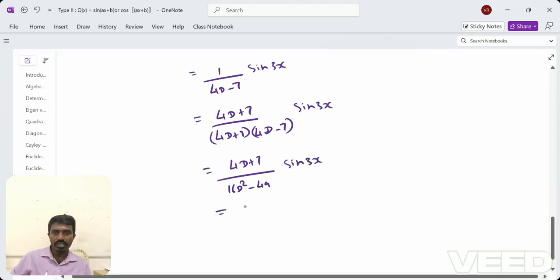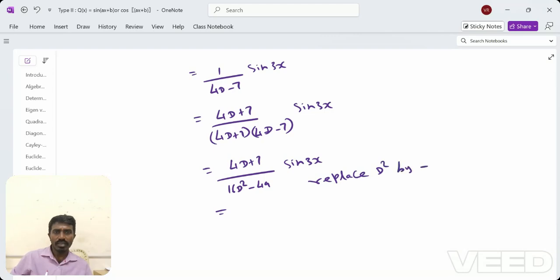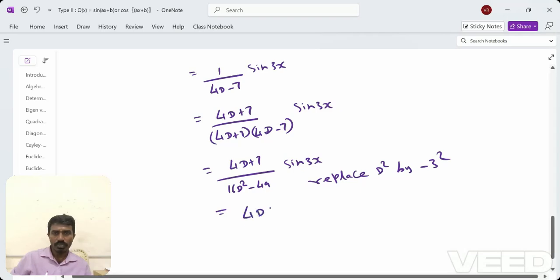For the denominator D square, once again we replace D square by minus 3 square, that is minus 9. You have to replace. So 4D plus 7 by 16 into minus 9 minus 49 into sine 3x.